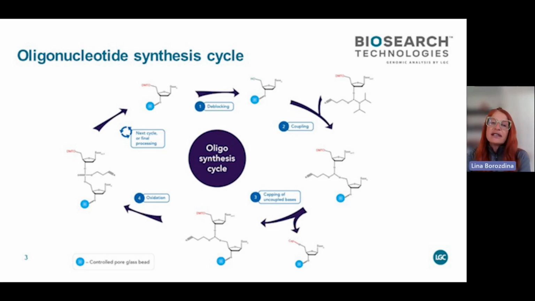By adding oxidizer, it introduces an oxygen, double bond here, or in case of sulfurization, it would add a sulfur here, creating a thioate. So now, as you can see, we now have 2 bases added to the bead. And after this step, we go back to removing the D-block group.